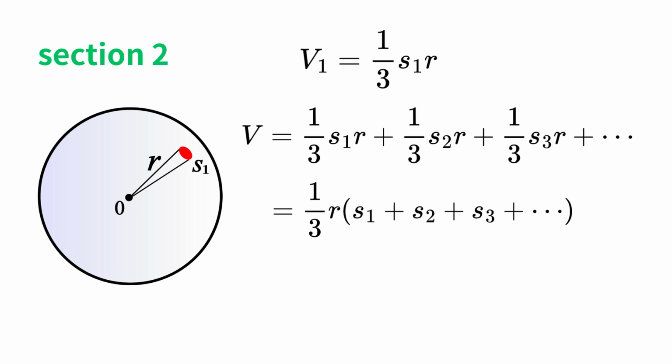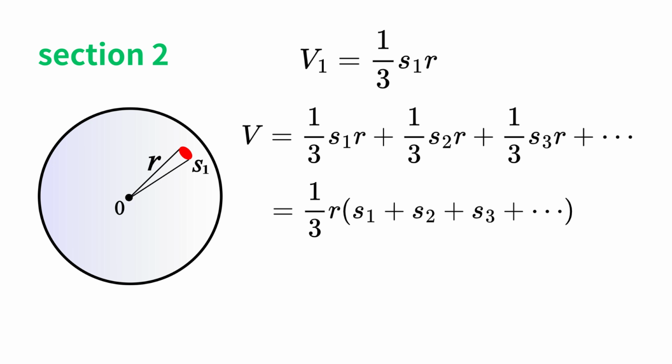That's the first half. Are you still with me? You're doing great. The second half is simple. Focus on what's inside the parentheses. S1 plus S2 plus S3 plus, and so on. Do you know what this represents? That's right, the surface area of the sphere, because we're adding up all the cone bases.